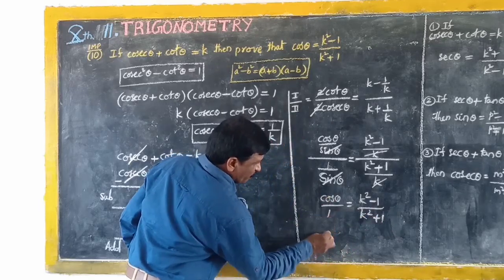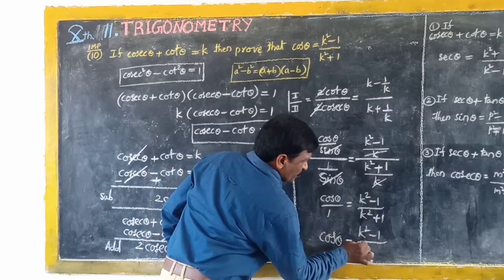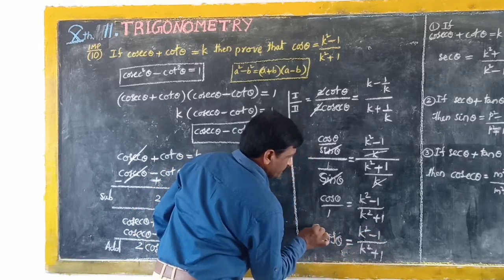So cos theta is equal to k square minus 1 by k square plus 1.